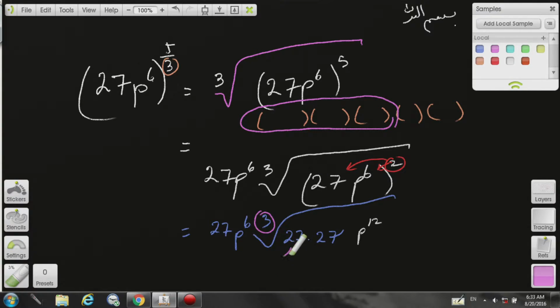So 27 is 3 cubed, right? 3 times 3 is 9, 9 times 3 is 27. Same thing, 3 cubed. So I can take 3 cubed out as a 3, and the other one out as a 3. So this becomes 27 times 3 times 3, and p to the 12th.